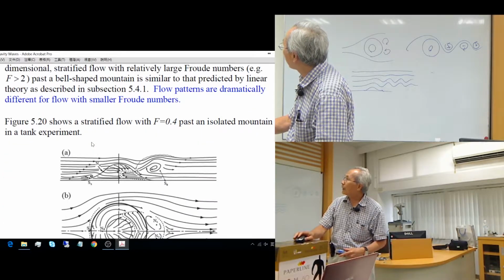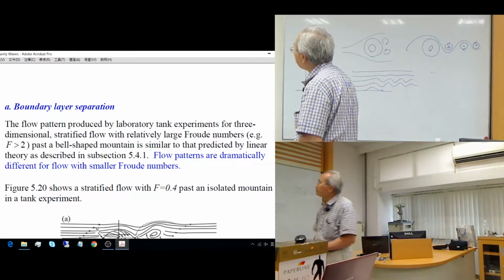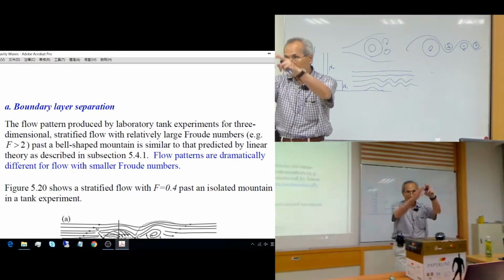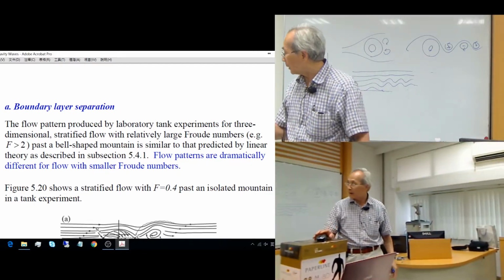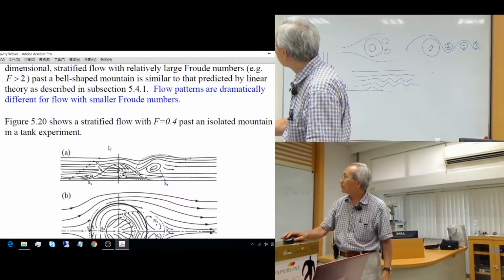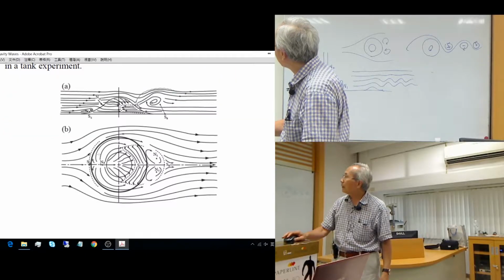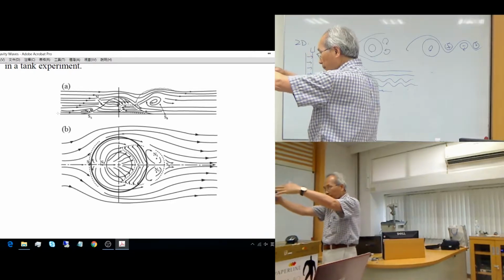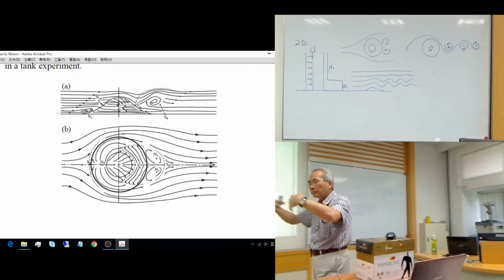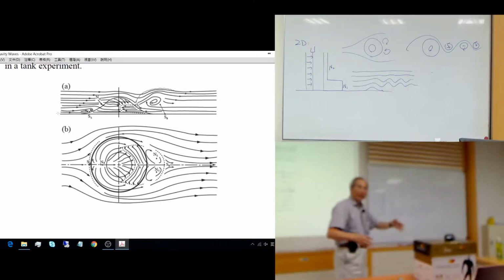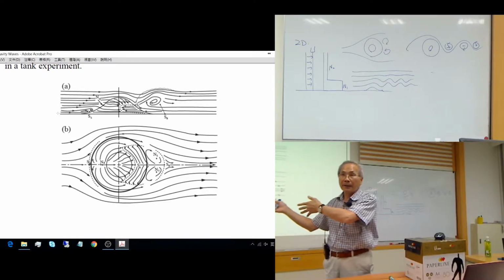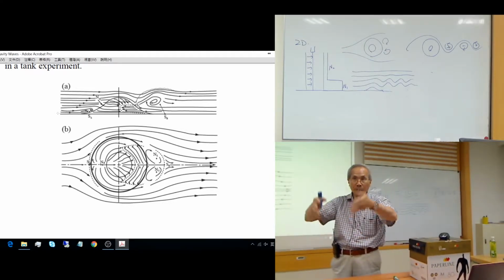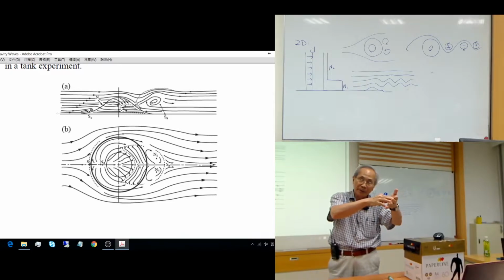This phenomenon is not very new, because as early as the 1960s, I don't know if you have read that fluid dynamics book by Batchelor. When the Froude number is high, wave behavior would be like what we just studied in the last lecture: we get upward propagating waves, and waves can pass over the mountain.